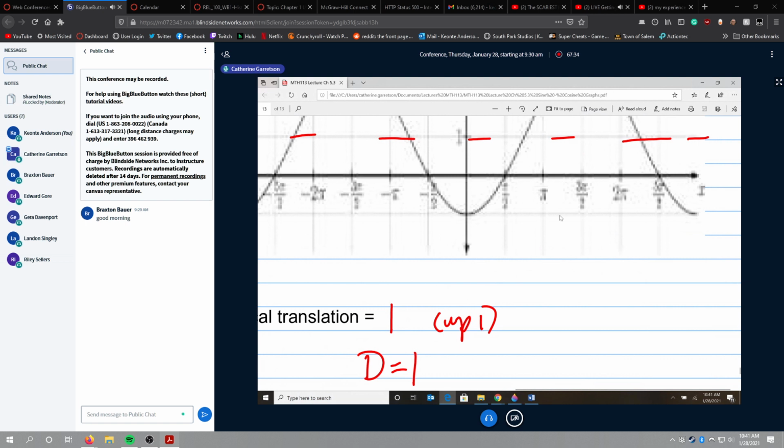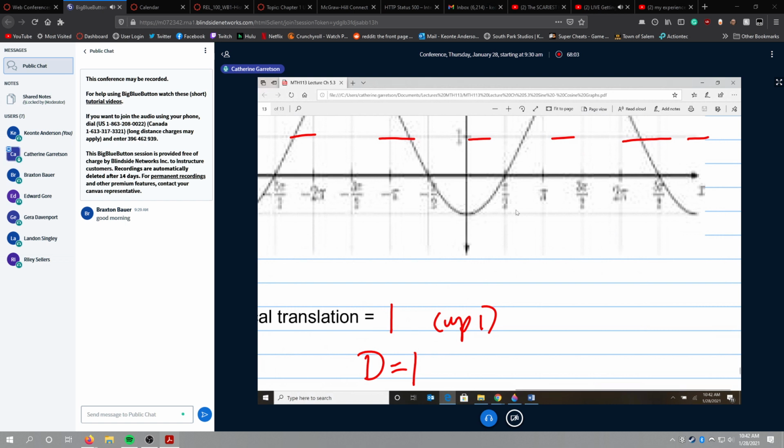It kind of got lobbed off, but if you're reading this, this is pi over 2, pi, 3 pi over 2, 2 pi. Every 2 is pi. So this is 1 pi, 2 pi, 3 pi. I'm back at the bottom at 3 pi.